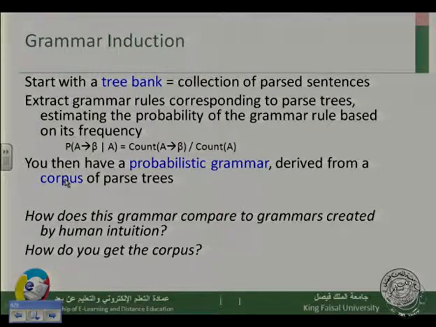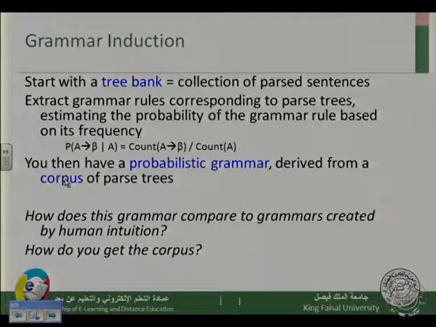The second question is comparing the grammar from this corpus to human language grammars, or grammar derived by intuition. If you go to a native speaker and ask about the third person singular, for example, by intuition the native speaker will describe the language for you. He would say, for example, we use the third person singular because this is our language.